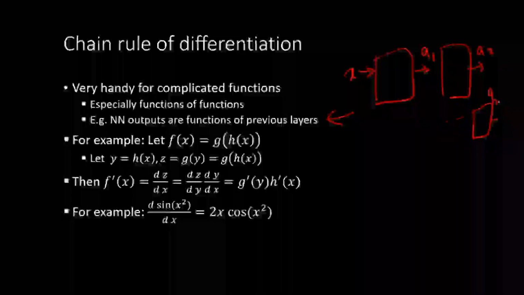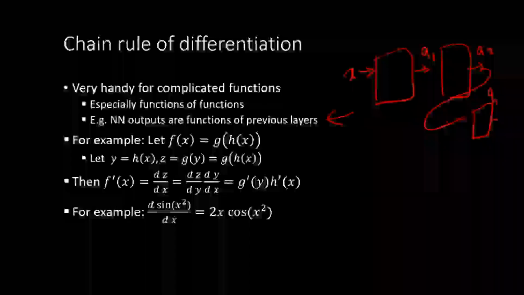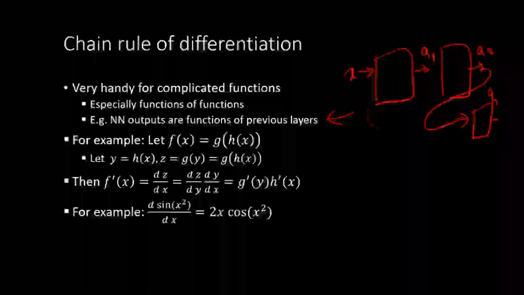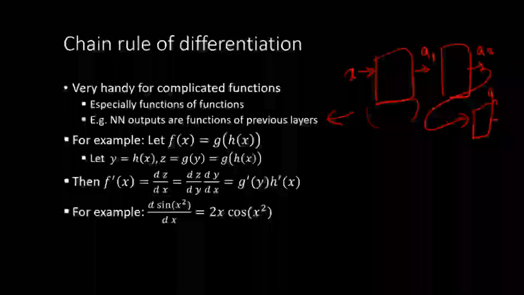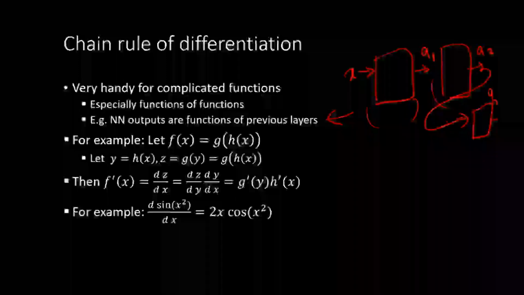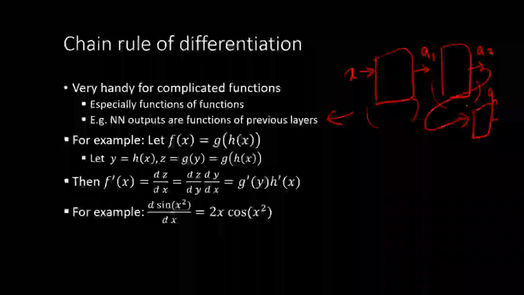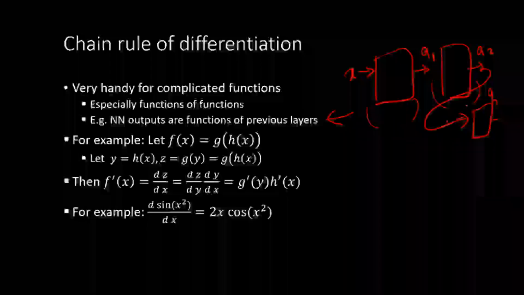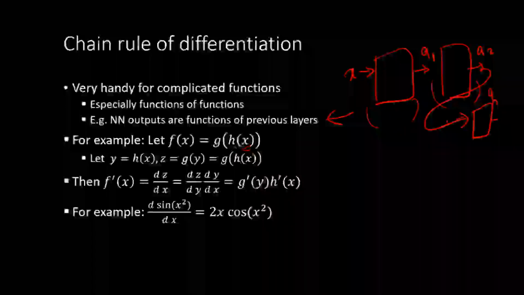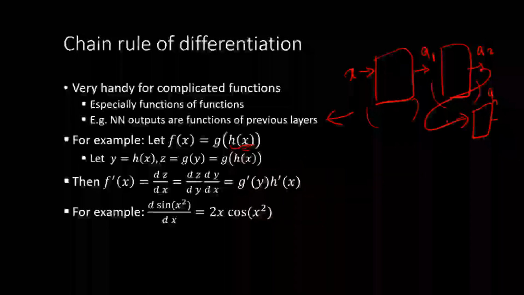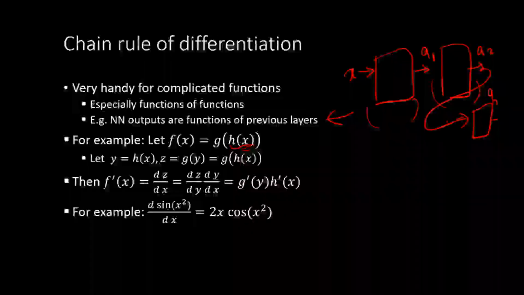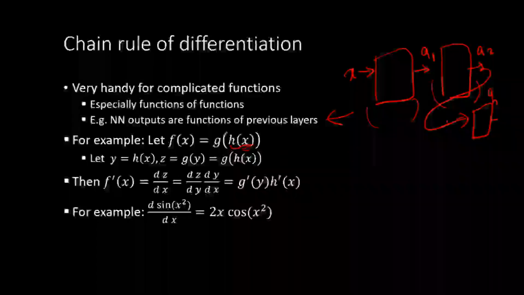All these layers are in series, and this is the inside-most function, which is then fed as an input into another function and so forth. These are functions of functions, and the way you could write that is that your input is operated upon by this function h, which is your first layer, and what comes out of h is given as an input to the function g.